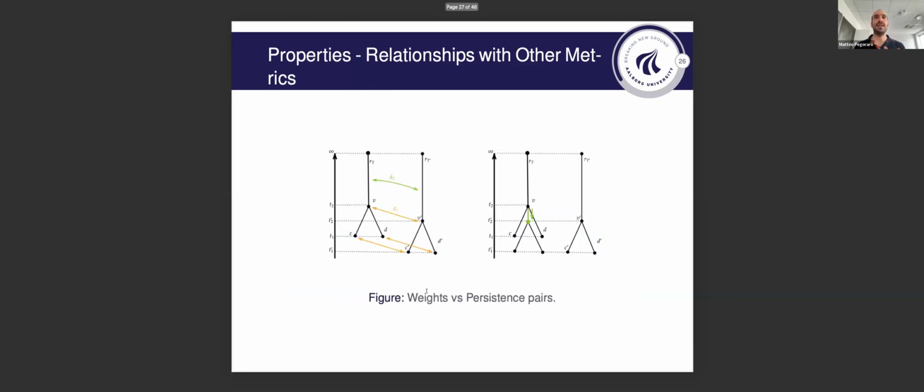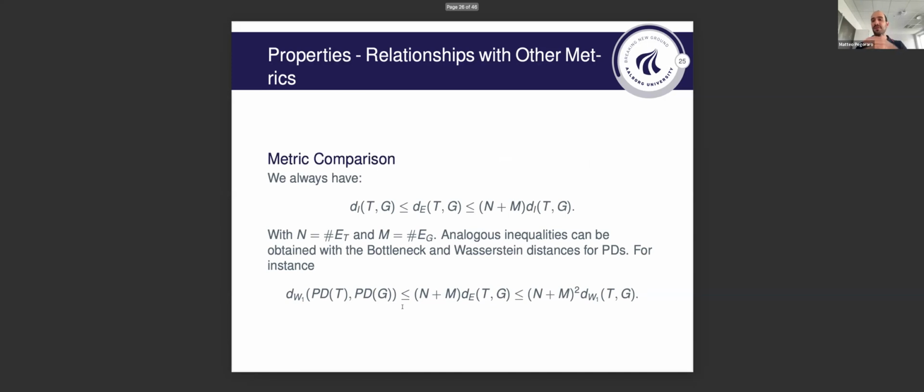Because here the Wasserstein distance is potentially much bigger than the edit distance, because I need to match all the persistent pairs between the two diagrams, while with the edit distance I just make one modification, which potentially is much smaller. So this bound cannot be improved. And if I take two functions which are different just by a vertical translation, we are in this situation. I see.